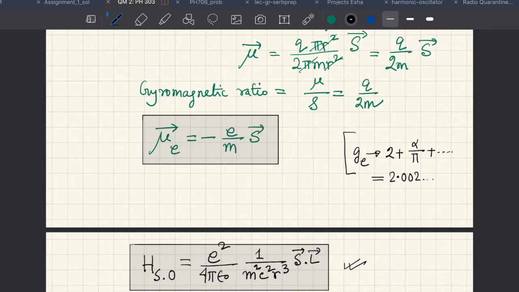So this is something which you have to appreciate. Maybe it is very difficult to appreciate now, but if some of you go on to continue physics and learn quantum field theory, immediately you will understand the beauty of this calculation.